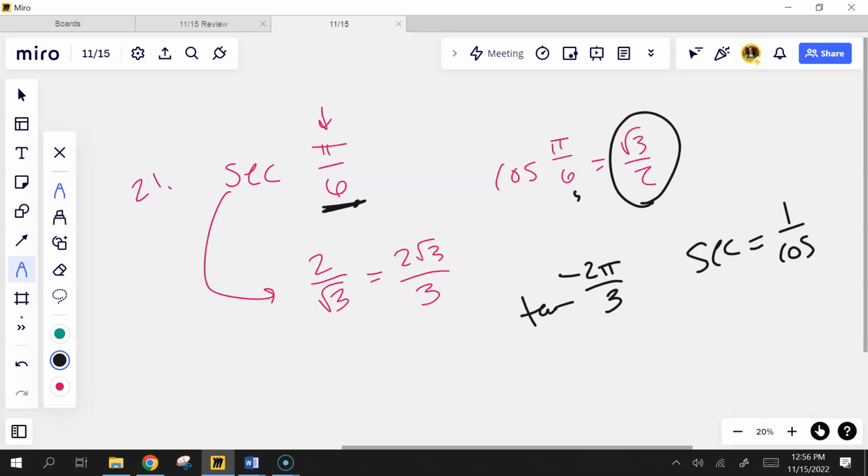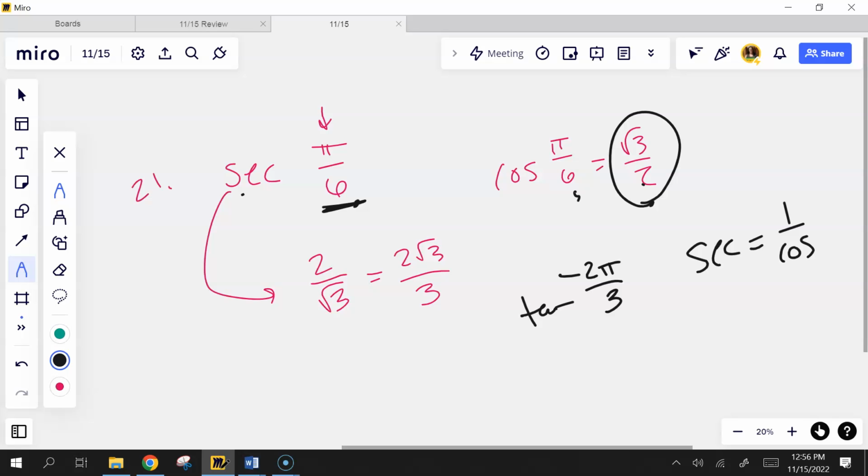Should be square root of 3 over 2. So then all you have to do to find secant is flip that over. Tangent is sine divided by cosine, or y divided by x. Sine is 1/2 divided by square root of 3 over 2.